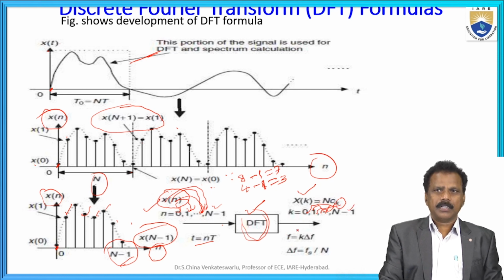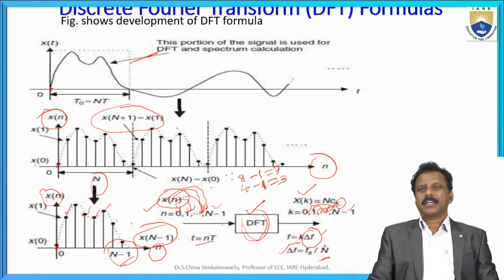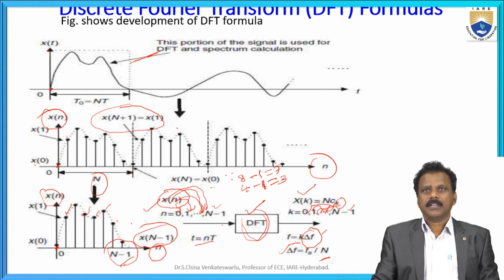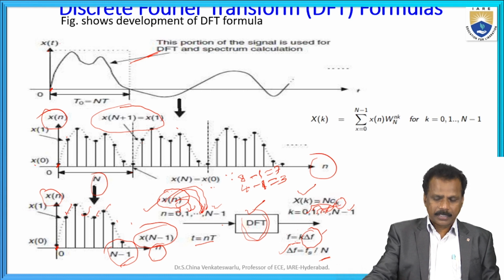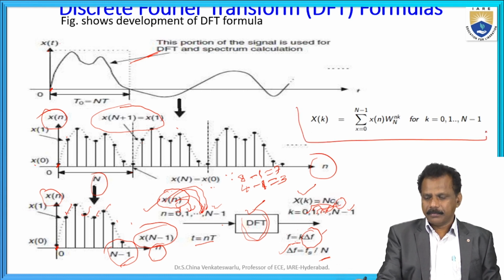You have to verify the spectrum, the frequency f equal to k into delta f. To calculate delta f, delta f is equal to fs by capital N, the sampling frequency divided by the number capital N. Finally, X of k is ready to analyze.